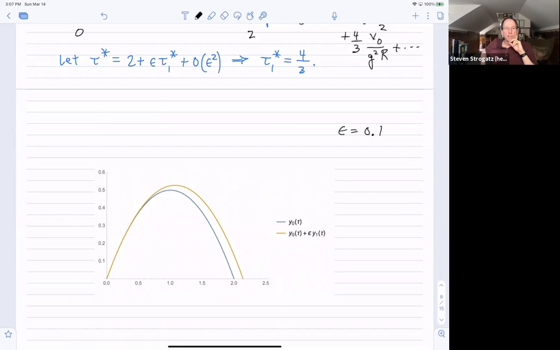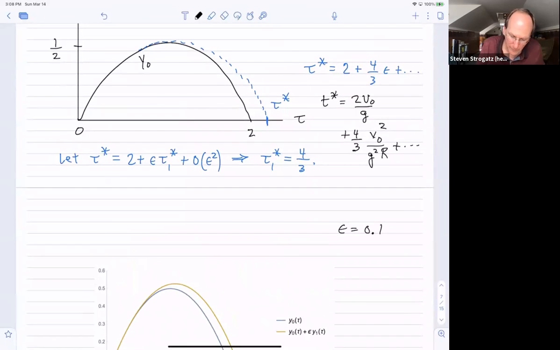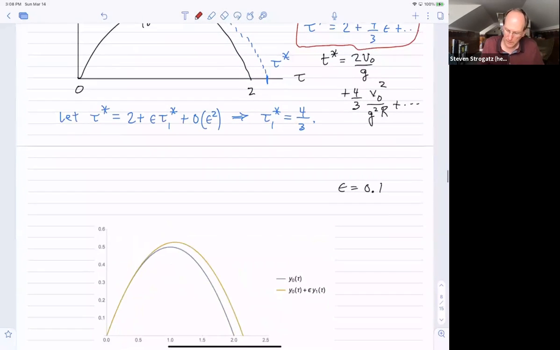What's interesting is that in these dimensionless units, I should be getting tau star equals 2 plus 4/3 epsilon. So I should be getting down here 2 plus 4/3 times 1/10, that's my epsilon. So that's 2 plus 4 over 30.